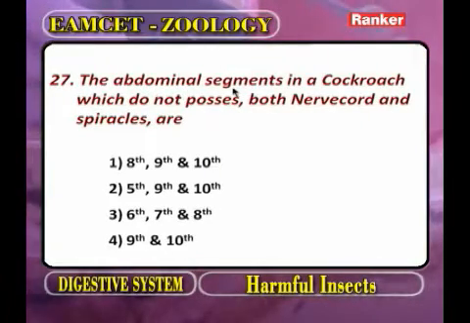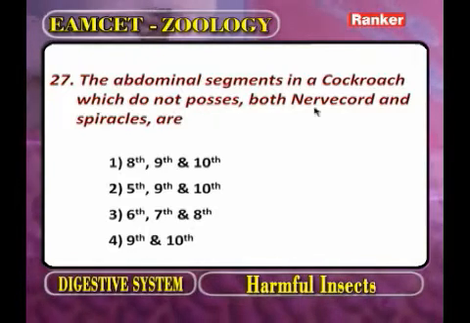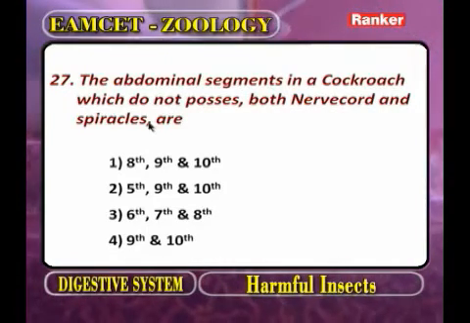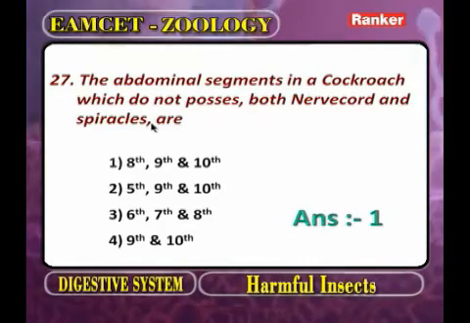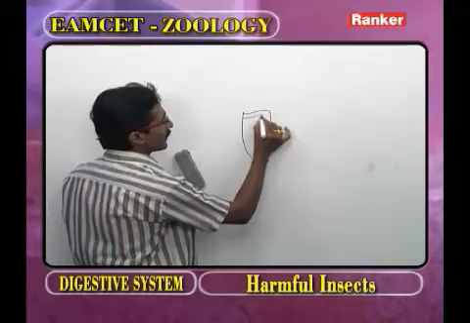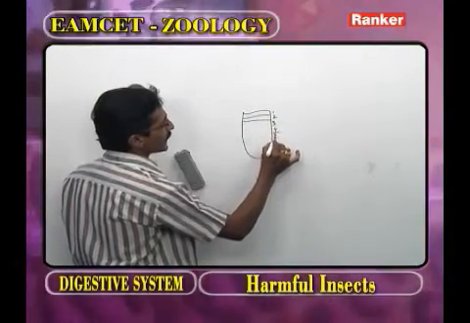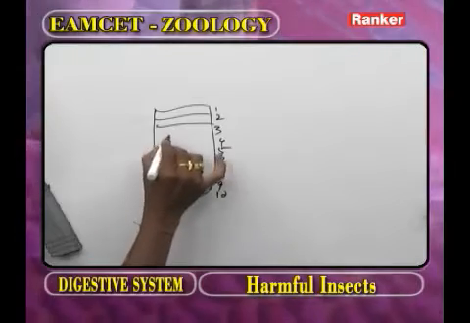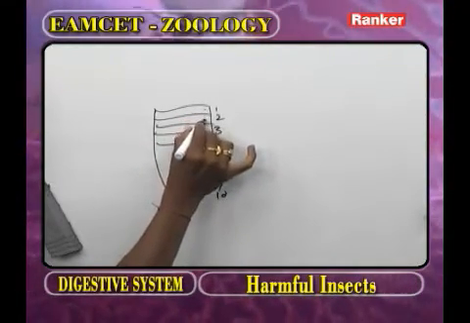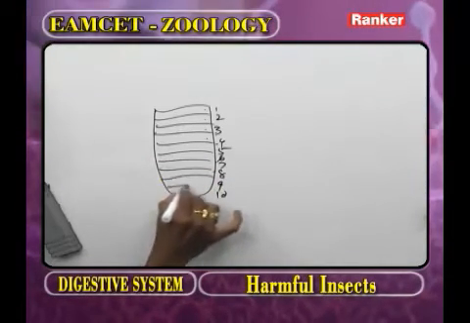The abdominal segments in cockroach which do not possess both nerve cord and spiracles. Now again, as we observe the nervous system of cockroach, this part we call the abdomen. In the abdomen, 10 abdominal segments are present. 1, 2, 3, 4, 5, 6, 7, 8, 9, 10.